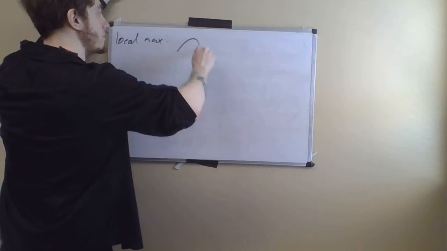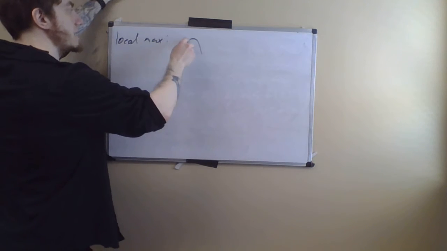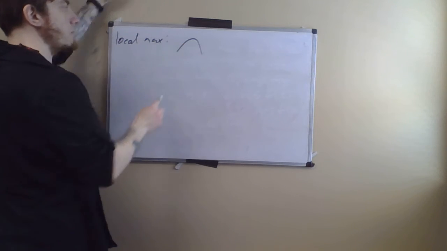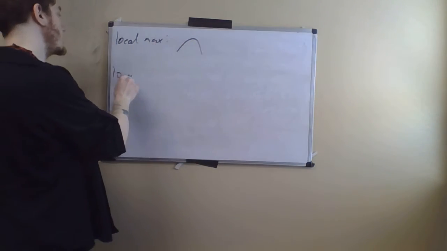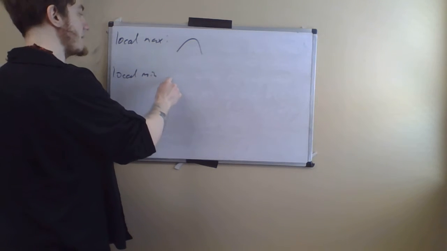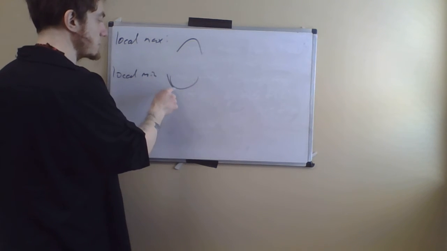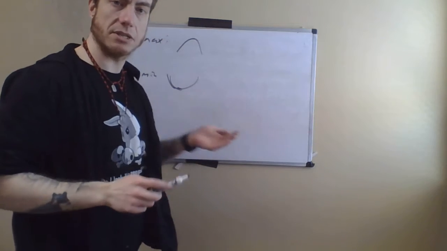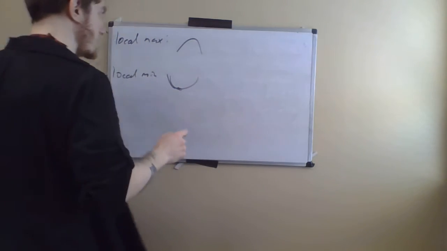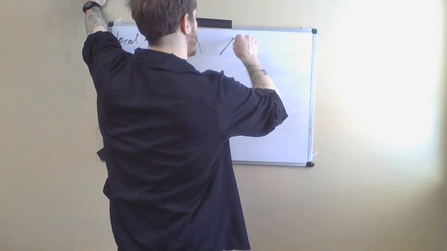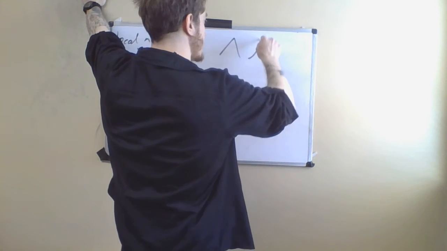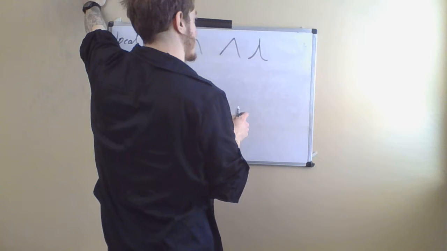So maybe we have something like this, where I have just this nice smooth curve that comes over in this bump shape. And similarly, for a local minimum, I might have something like this. It's a nice smooth curve. It just comes down in this little dip and it comes back up. Another possibility is maybe I've got something that comes to a sharp point, or maybe something that comes to a cusp.